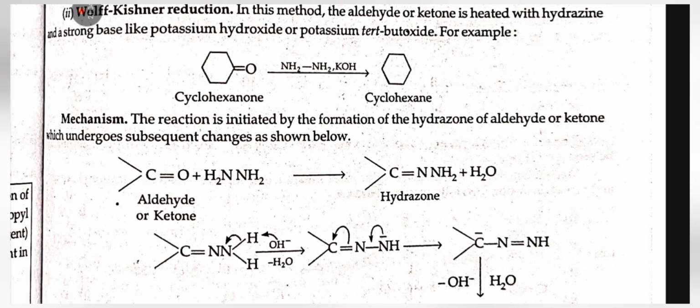Mechanism. The reaction is initiated by the formation of hydrazone of the aldehyde or ketone, which undergoes subsequent change as shown below. Aldehyde and ketones on reaction with NH2NH2 will give hydrazone. Their mechanism is given.